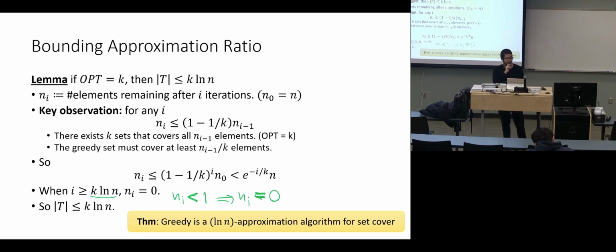Questions? Yeah, so can you do an even tighter bound? Instead of doing 1 minus 1 over k, can you do 1 minus 1 over k minus i, because there's only going to be k minus i sets remaining?